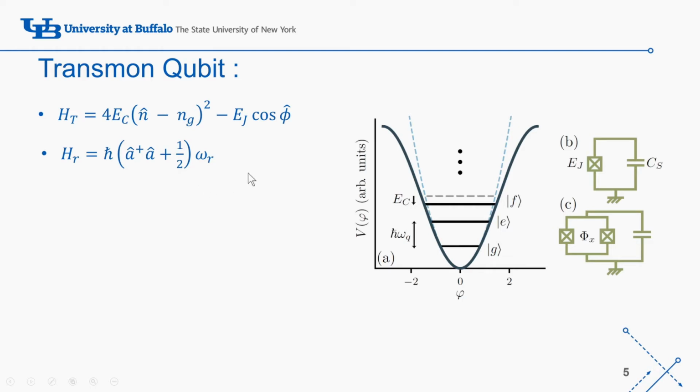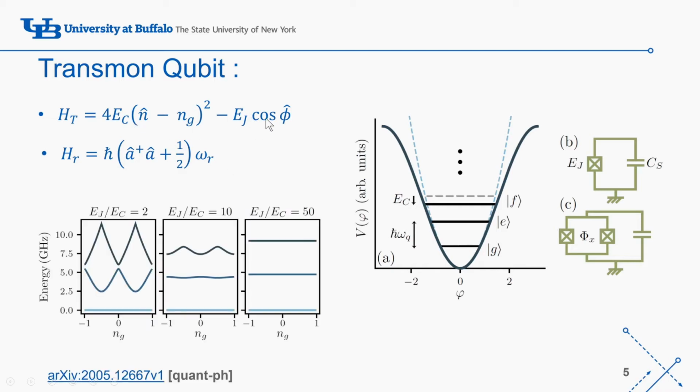One more thing that you should know about the Transmon qubit is these terms EC and EJ. These two variables tell us how sensitive our qubit is to the charge noise. If you look at this figure at the bottom, Ng is the charge bias that we have applied to our qubit.